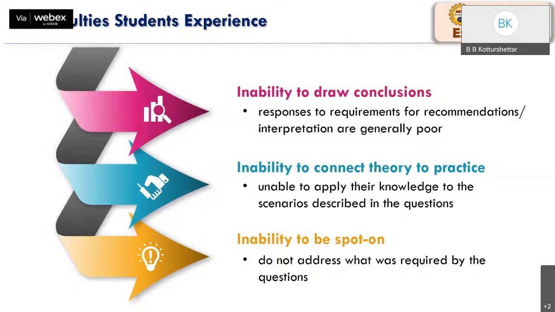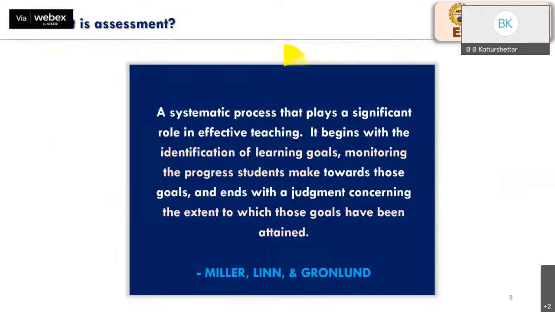And students who are good in some problem solving struggle when they are asked to write about the theory behind it. So they find it difficult to be spot on. These are some of the things that should be addressed when we prepare them for acquiring the competencies.